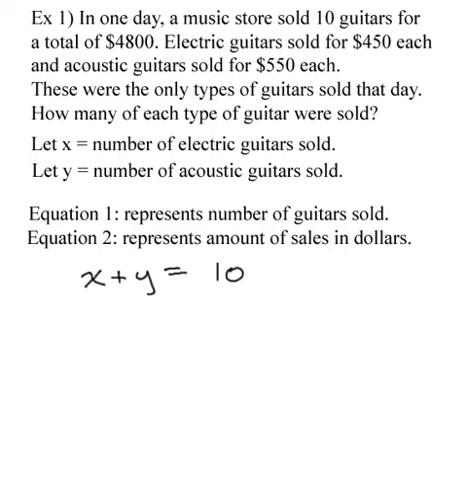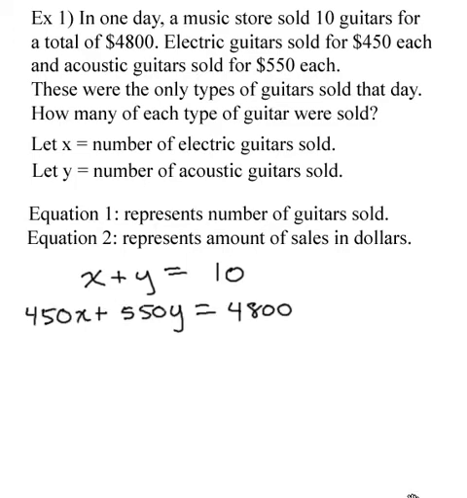So our first equation is we know that the two different types of guitars, the electric, which we're representing by X, the acoustic, which we're representing with Y, added together, the sum of those was 10 because there were 10 guitars sold in total.